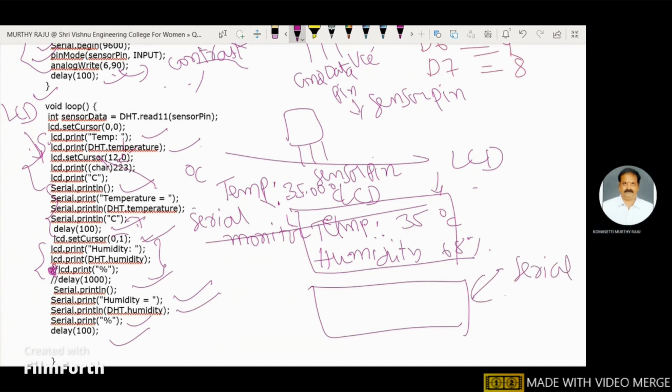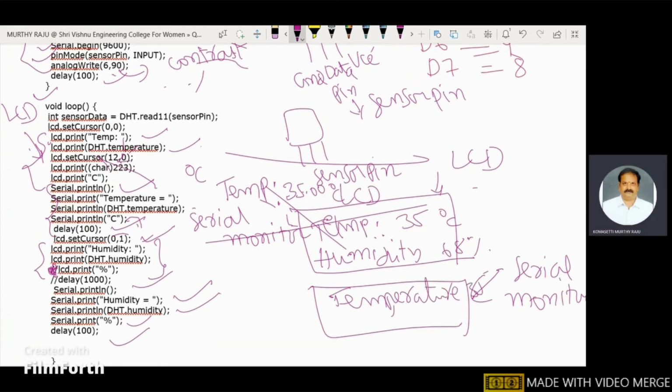Here it shows temperature 35 and humidity, say 68%, degree centigrade.